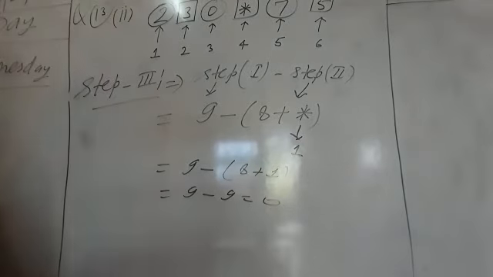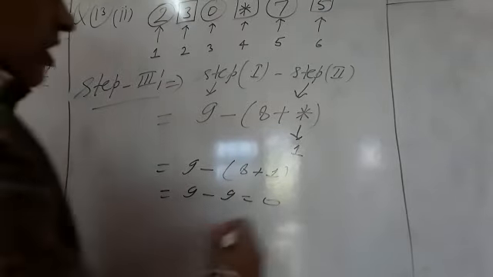So I repeat again. According to the divisibility test by 11, a number is divisible by 11 if the difference of the sum of its digits in the odd places and the sum of its digits in the even places is either 0 or divisible by 11.